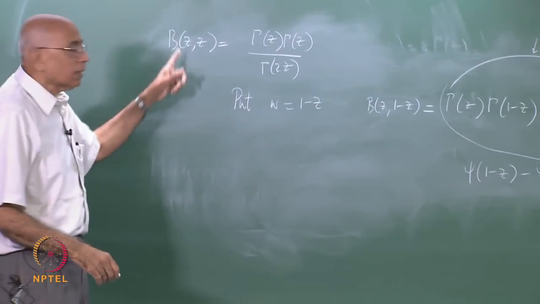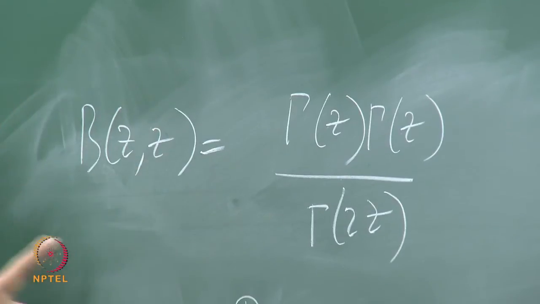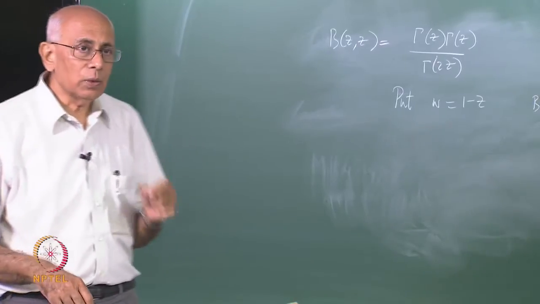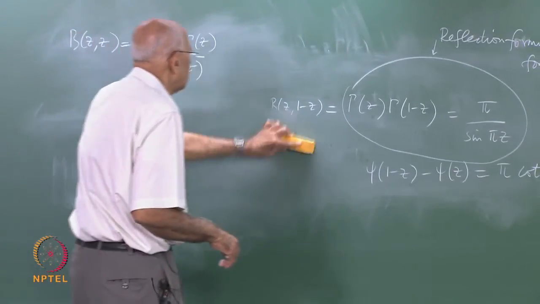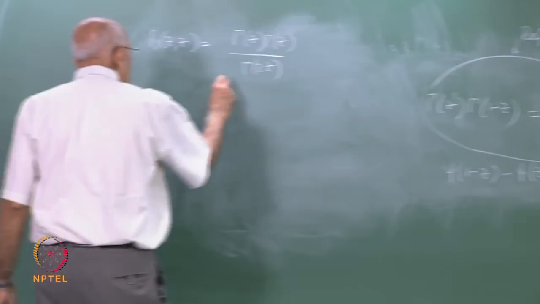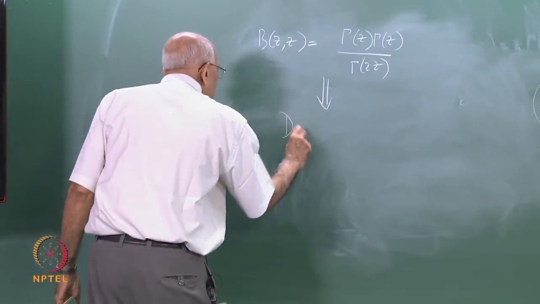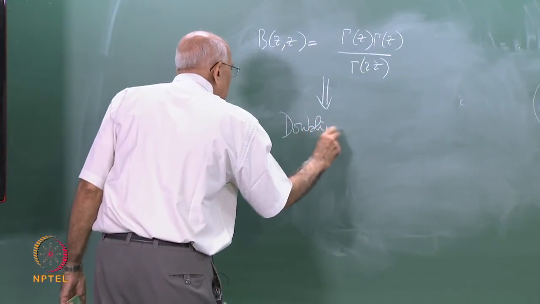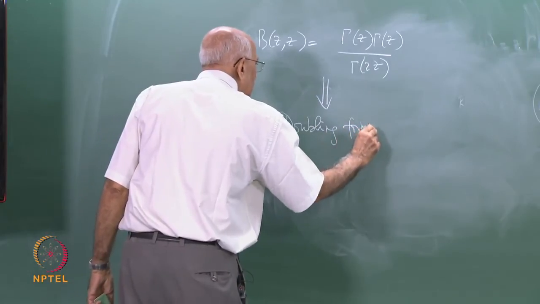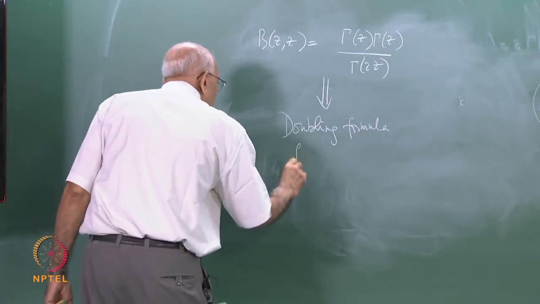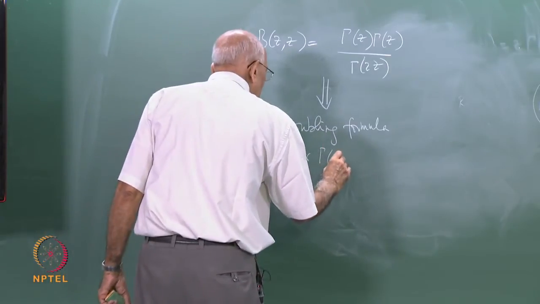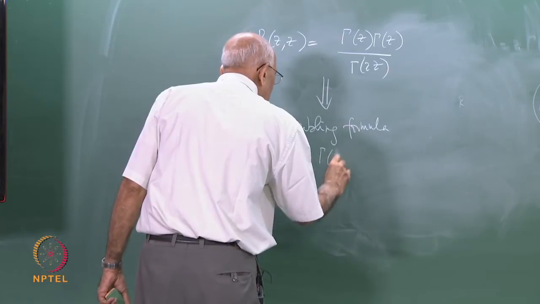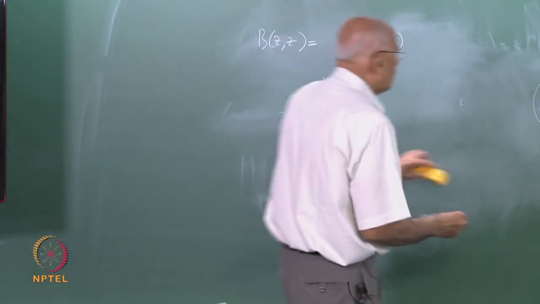So bring this to that side and play around with the explicit integral, and you can derive a formula which is called the doubling or duplication formula, I do not remember which, for the gamma function, and it reads as follows.